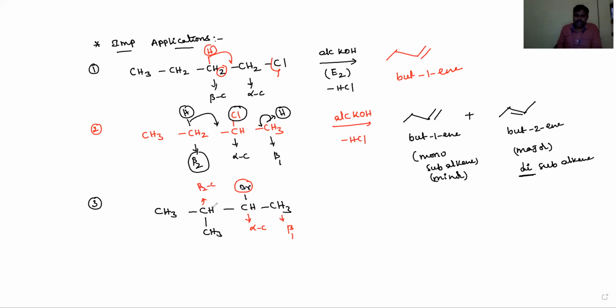If you remove hydrogen from this beta2 carbon with alcoholic KOH and loss of HBr, we'll get a trisubstituted alkene. The product is CH3, C double bond CH, CH3. It is a trisubstituted alkene.